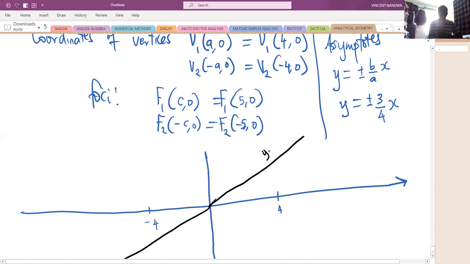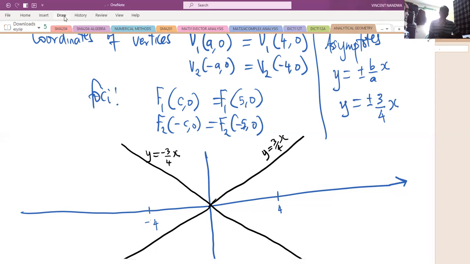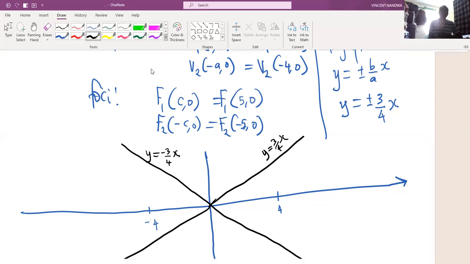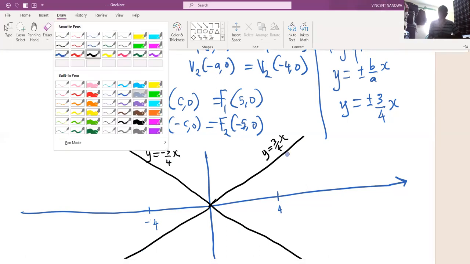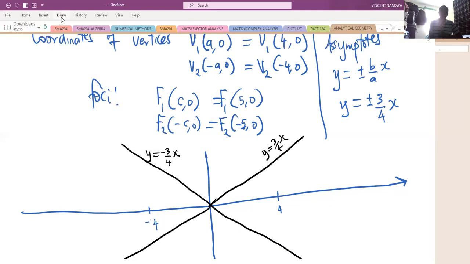So this will be y equals 3/4 x, and this is the line y equals -3/4 x, and then these are the arms of our hyperbola.